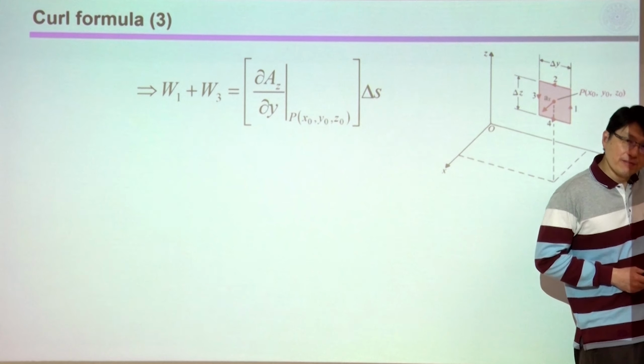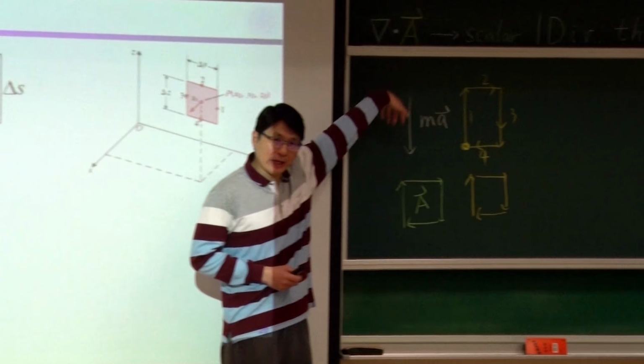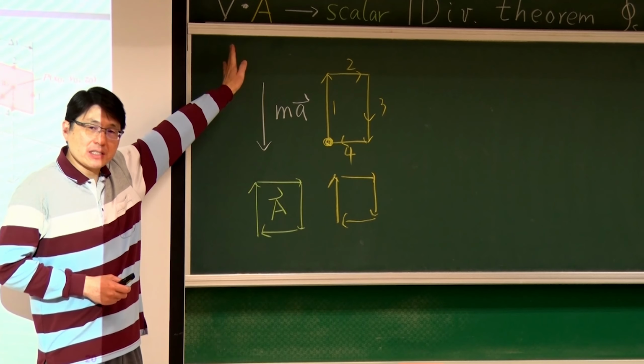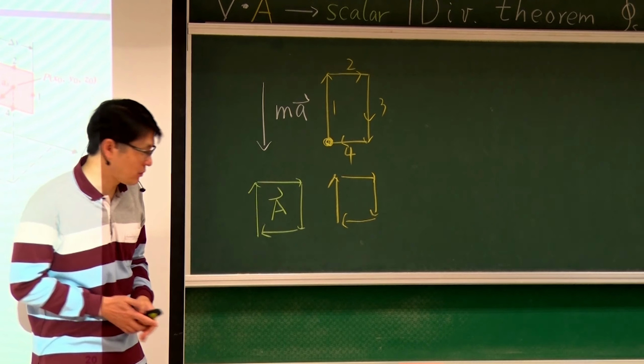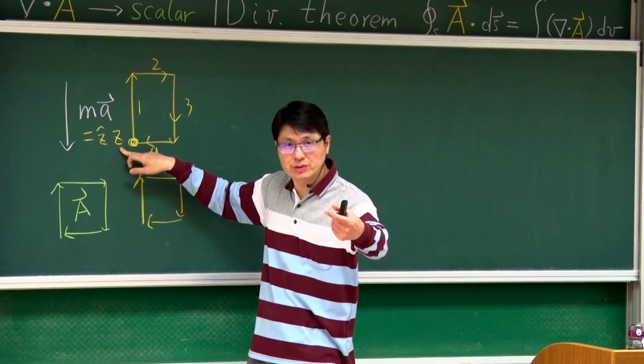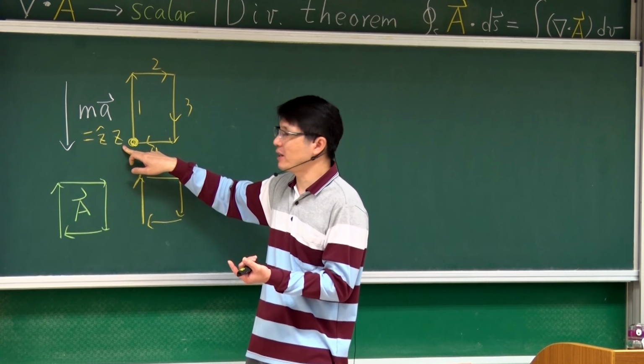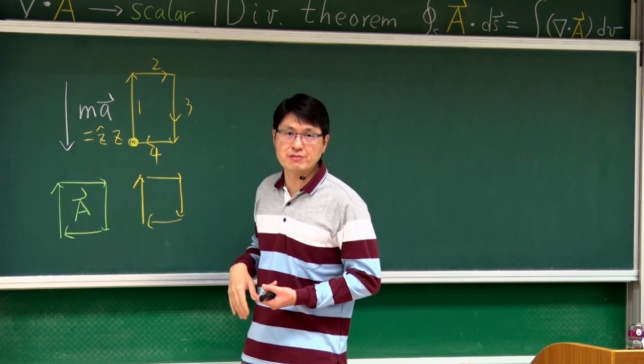If this is your Z component, AZ, it is unidirectional, and maybe its magnitude is only Z dependent. Just for example, your AZ component is in the Z direction, and its magnitude is defined by its Z position value.